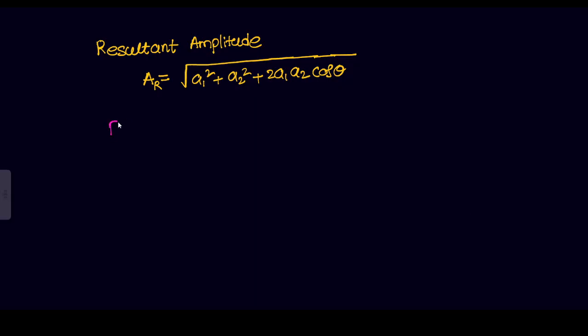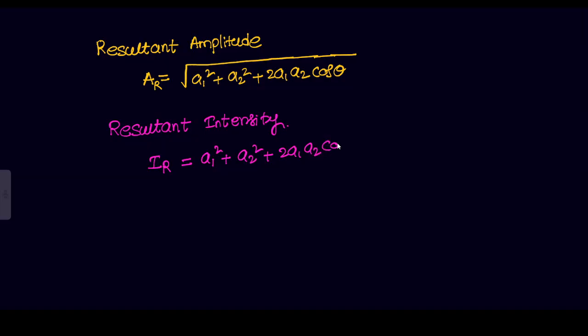And the resultant intensity. Intensity is proportional to the square of the amplitude. So this is IR. Squaring this, it will be A1 square plus A2 square plus 2A1A2 cos theta.